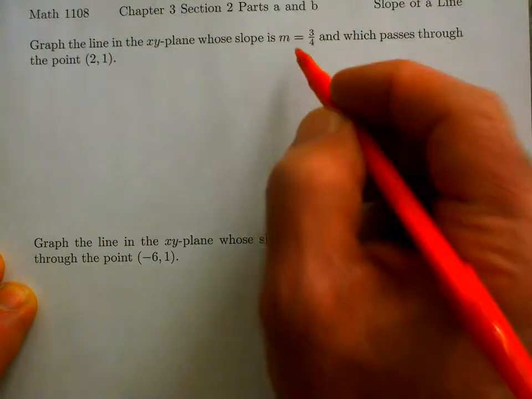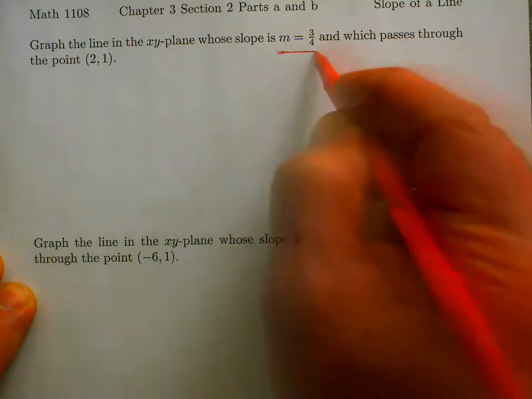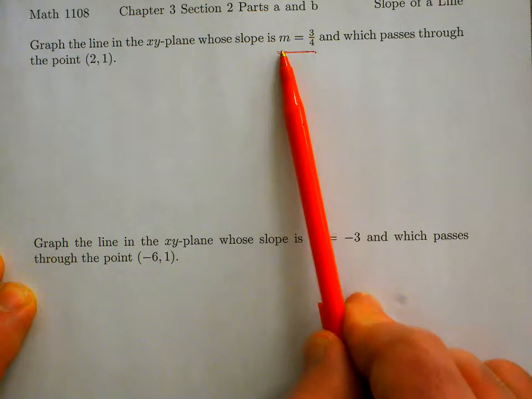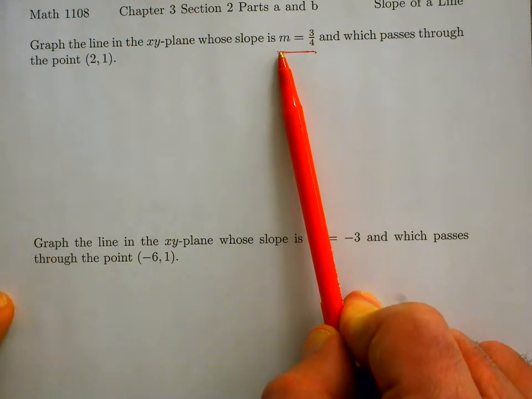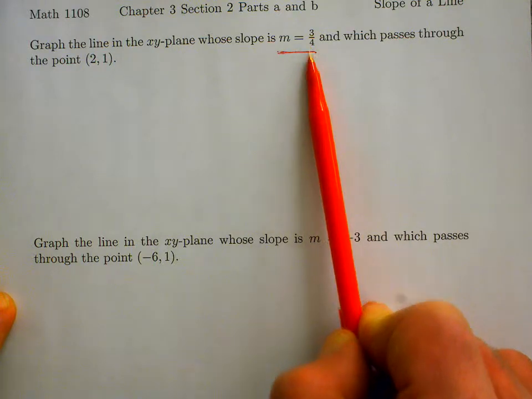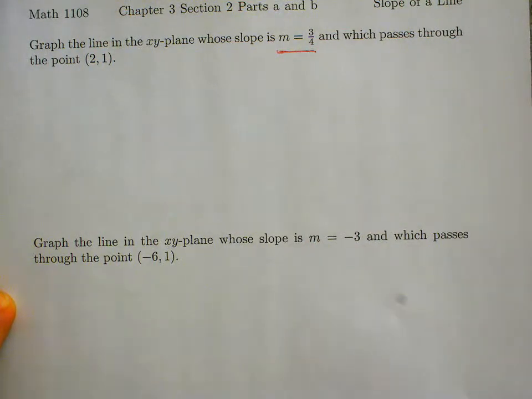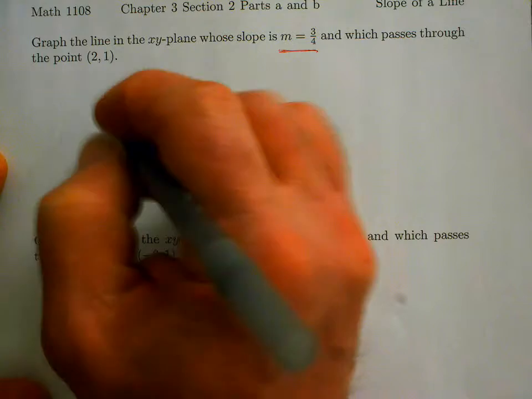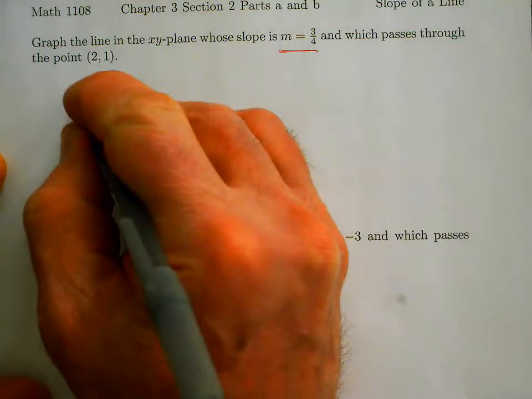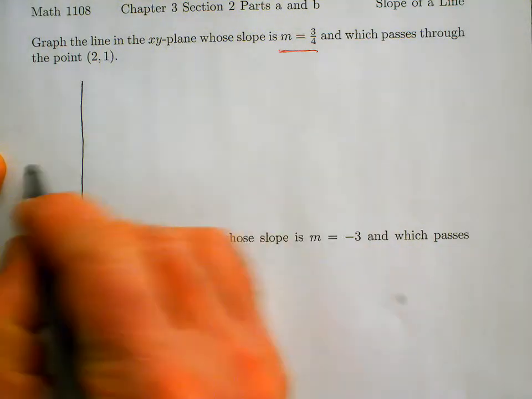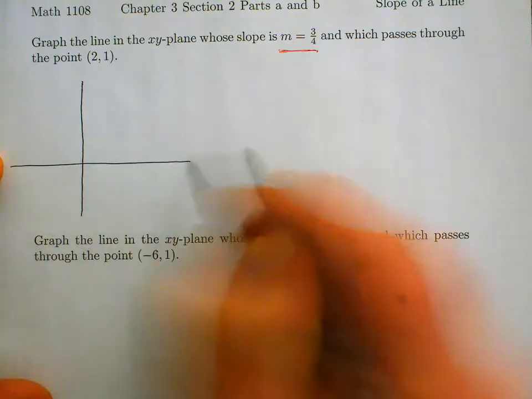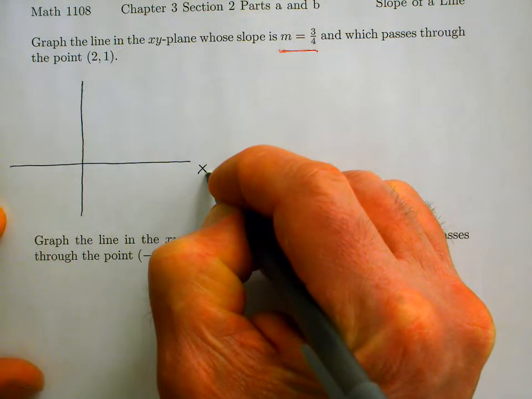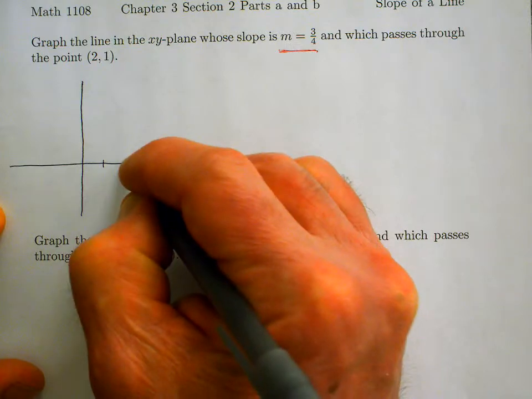So a comment about the notation. Lowercase m is frequently used to represent the slope of a line, so that's why I'm using m equals 3/4 for the slope. Okay, so to graph this line using the given ordered pair and the slope, the first thing we do is plot the point.